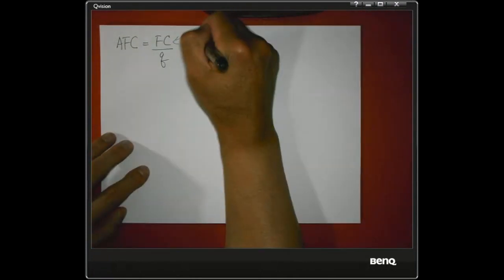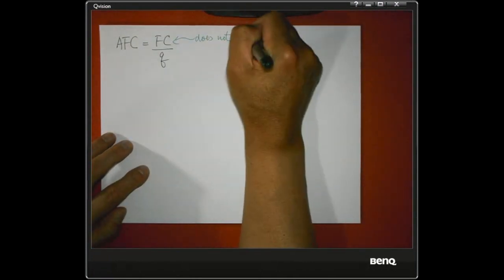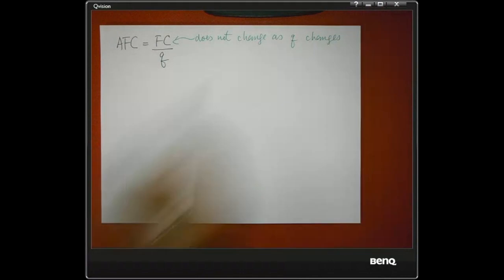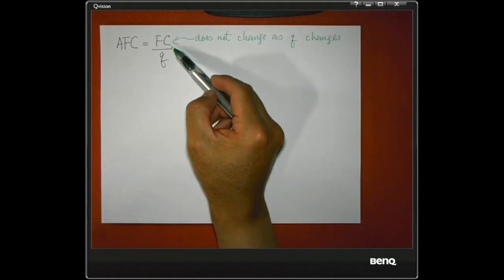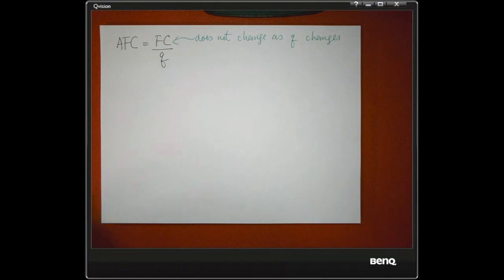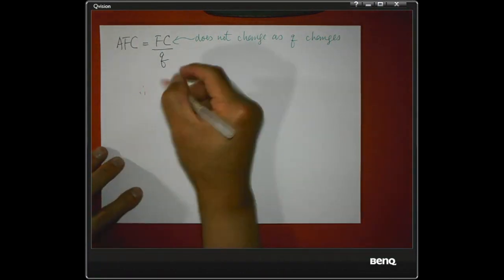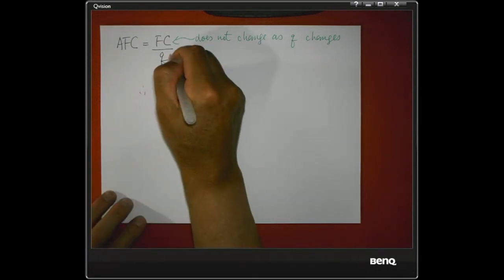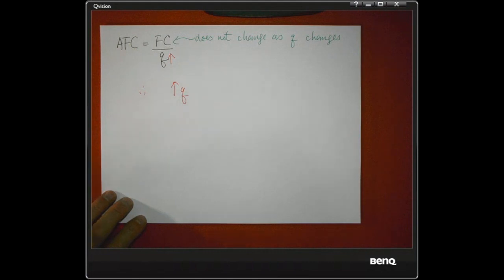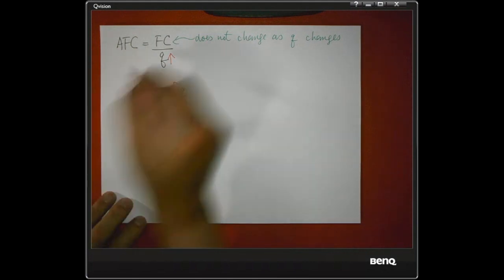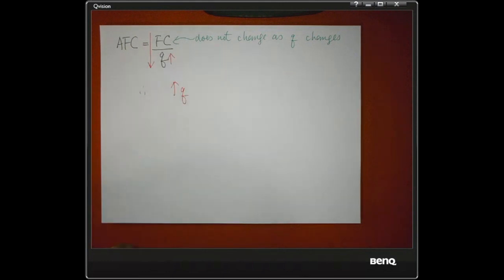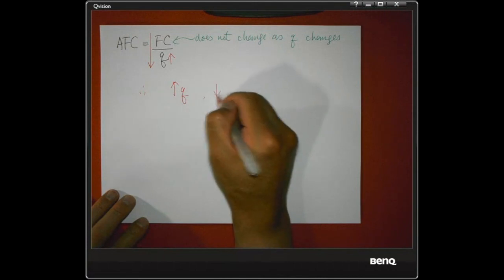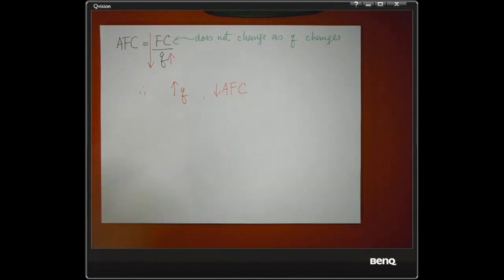And this does not change as output changes. That's why we call it the fixed cost. And therefore, as output increases, that is, the denominator increases, the numerator doesn't change, and this ratio will drop. In other words, when we increase output, the average fixed cost is always falling.